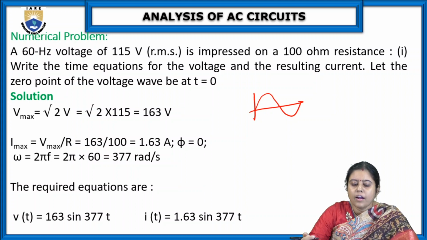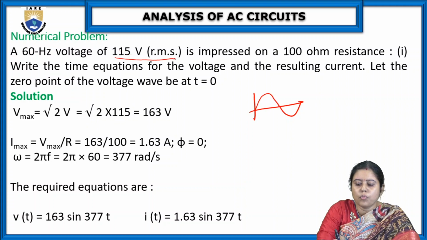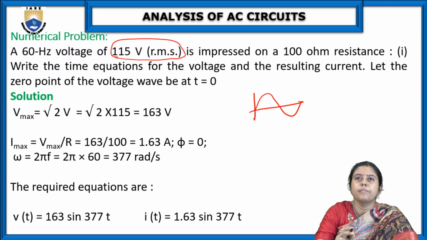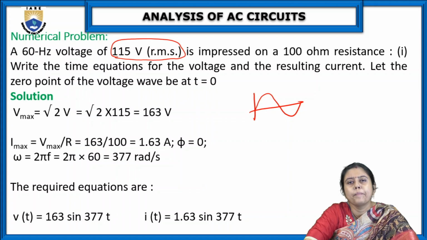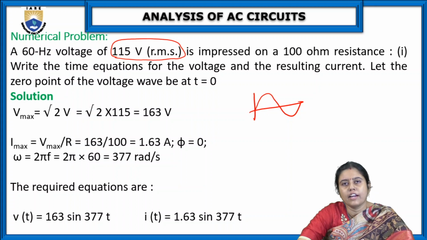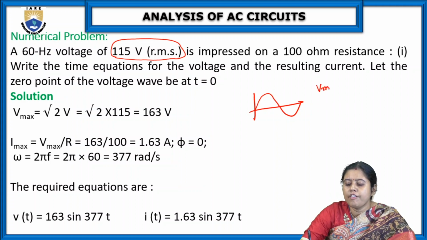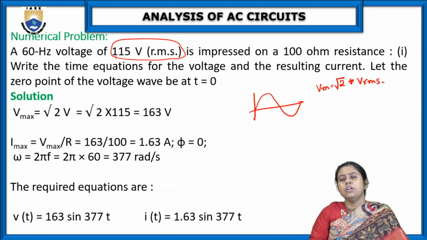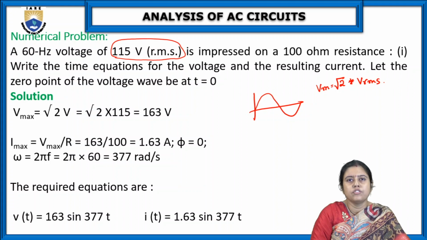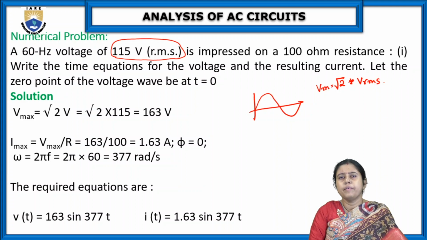So it is given that the RMS value is 115. What is the meaning of RMS? Root mean square value. And if we remember our electric circuit syllabus, we know the maximum value is always root 2 times the RMS value.